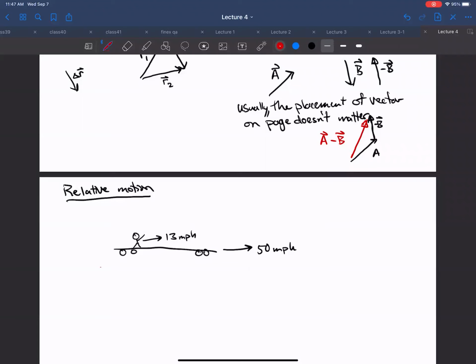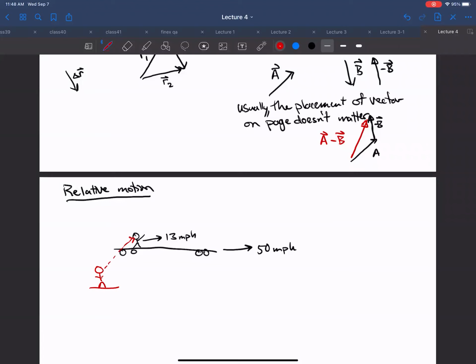Then we have another person who is stationary on the ground and is viewing that person who is running on the train. So what speed does the stationary person perceive the person running on the train as having?